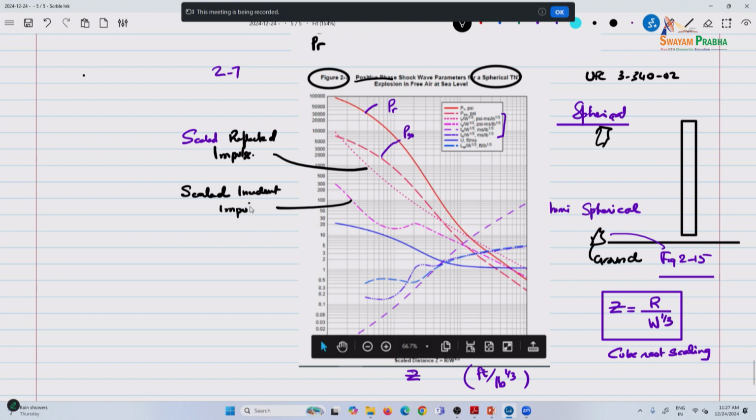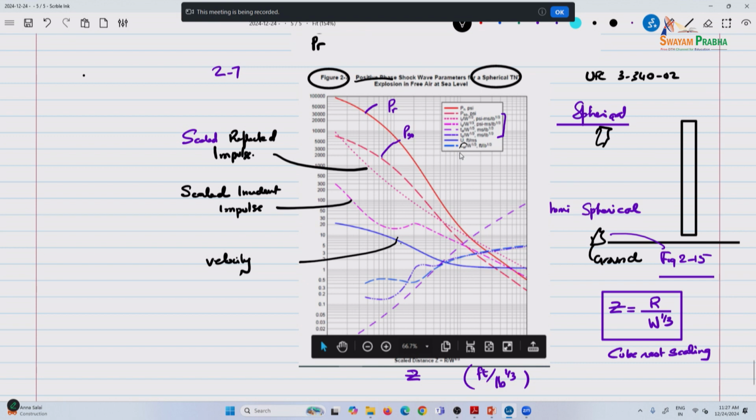Then there are other quantities such as the arrival time, and the solid line is the velocity that we talked about yesterday. So there are 7 such quantities most of the time, and this is the blast wavelength.